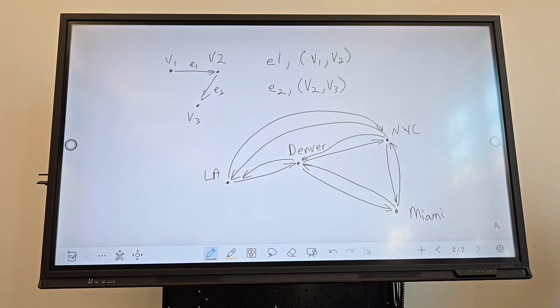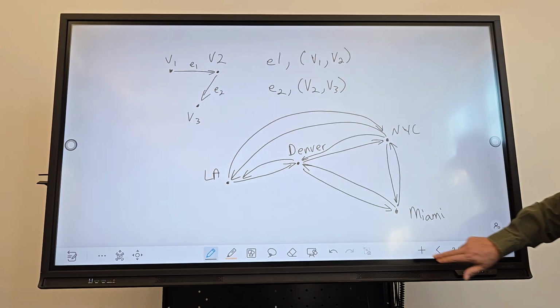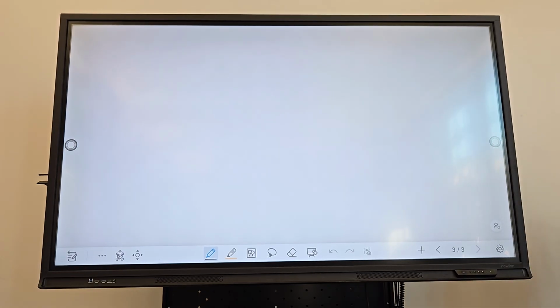Graphs are a surprisingly short section in this group, so that will wrap up chapter 1. We're going to go ahead and start chapter 2, which is the logic of compound statements.